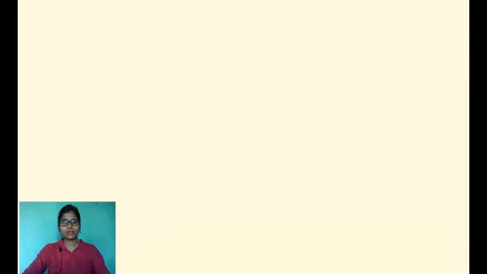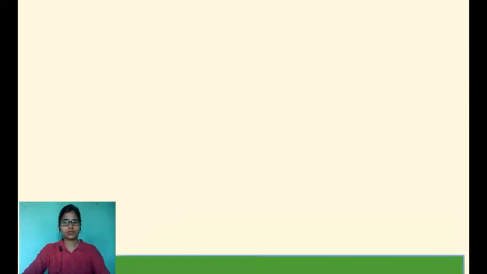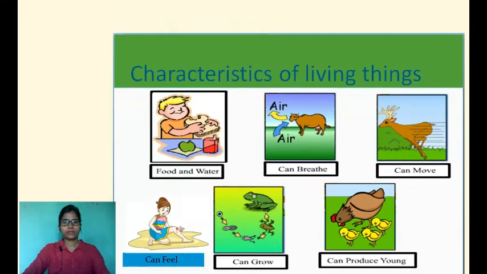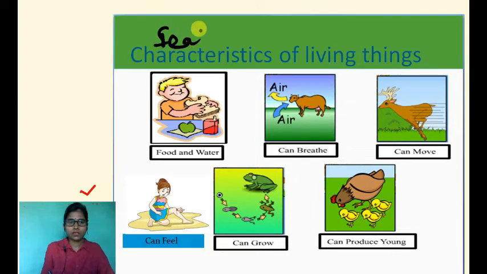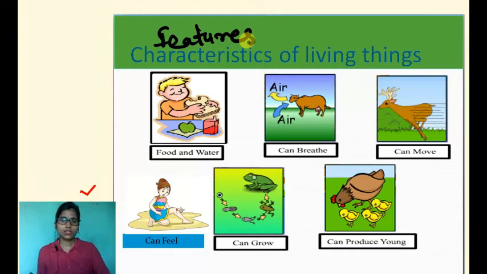Okay, students. Now come to the next topic, the characteristics of living things. That is also called features of living things. Characteristics simply means features. What are the features of living things? Living things need water and food to grow.